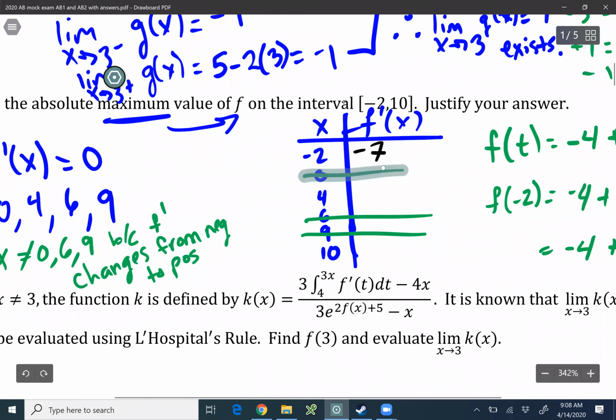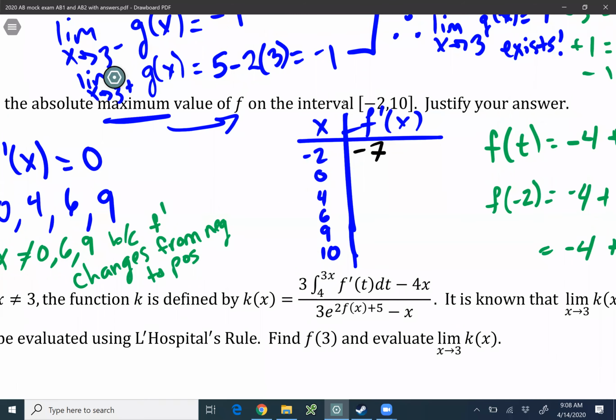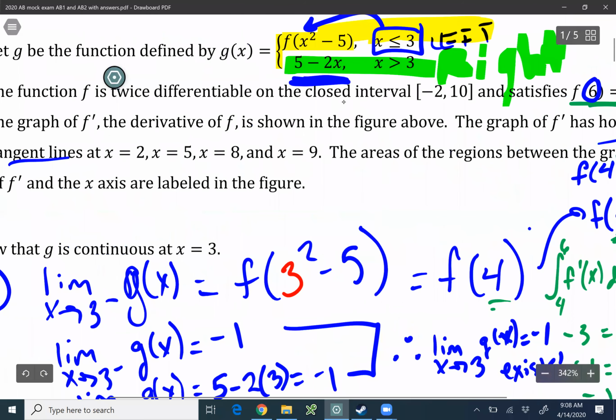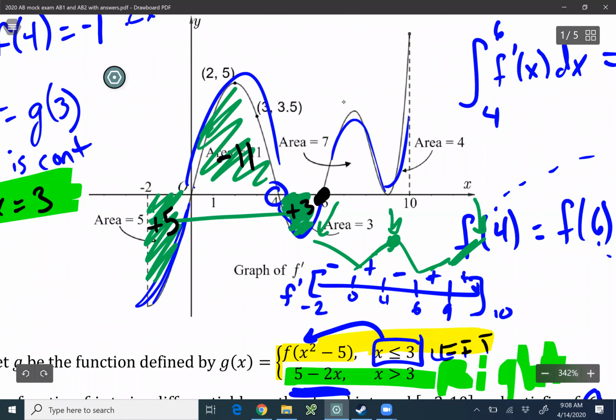We can cross them out and do less work, but let's pretend we hadn't crossed them out. If we want to get to 0 now, so if now our goal is to get to f of 0, well, before we said that if I go from 6 all the way back to negative 2, that gives us an answer of negative 7.